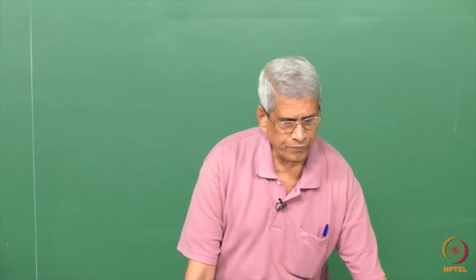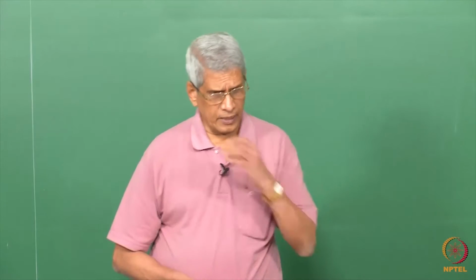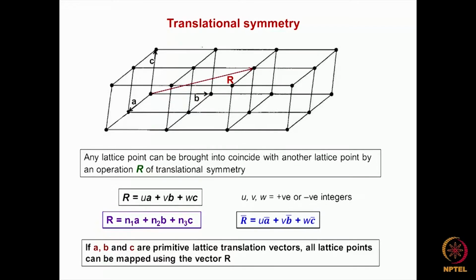In this particular slide, we have just shown the three-dimensional unit cell, which is essentially like a triclinic structure, and any vector in this can be represented by R equals U times A plus V times B plus W times C, where U, V, W are integers and A, B, C represent the translation symmetry.